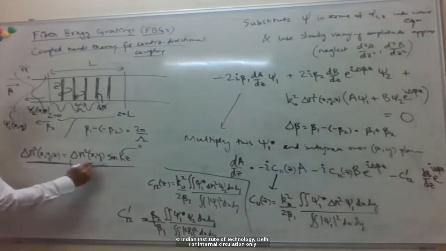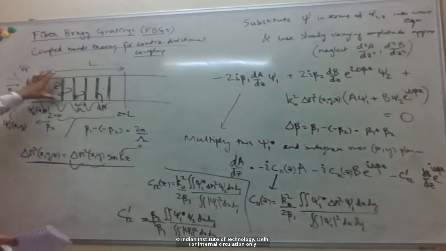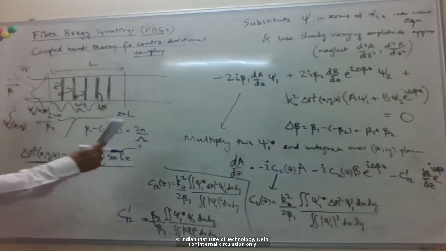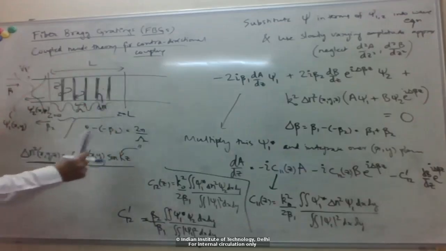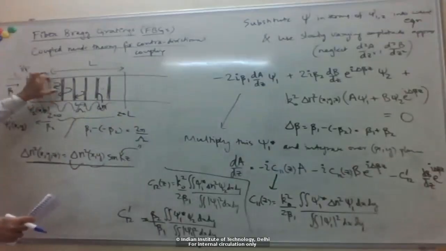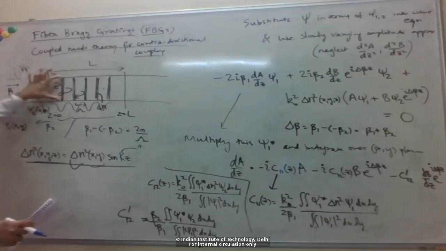For example, for this change in index profile, typically only the core region is changed because that is doped with germania, and the cladding typically is not doped. If you take a step index fiber, you shine the whole core, so over the entire transverse coordinate, this index change is happening, right?